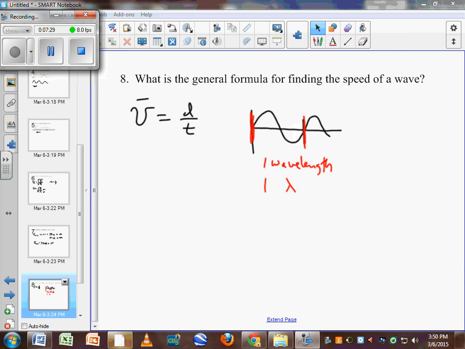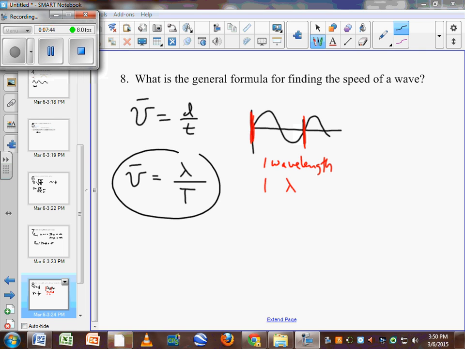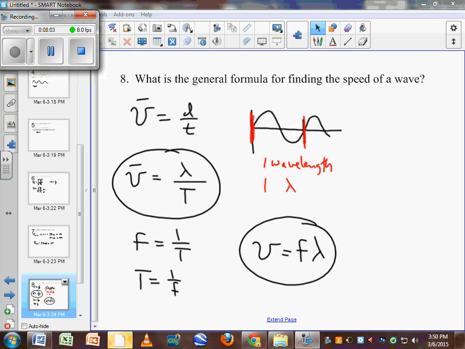So that's 1 lambda, and our velocity equals lambda, 1 wavelength, as our distance, and our time is going to be the period, capital T, because that's the time for one oscillation. That's one equation we can use, but more commonly you'll see us use frequency equals 1 over the period, or the period equals 1 over the frequency. If you plug that in, you get this other equation, velocity equals frequency times wavelength, which you'll see quite often when solving for the speed of any wave in a material.